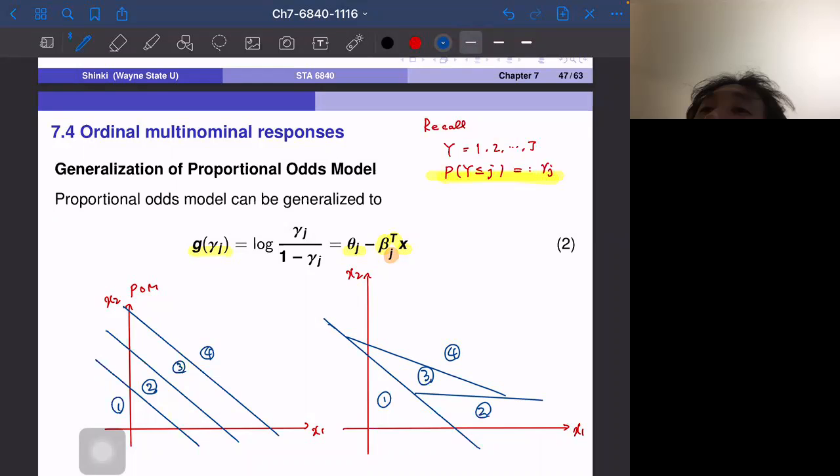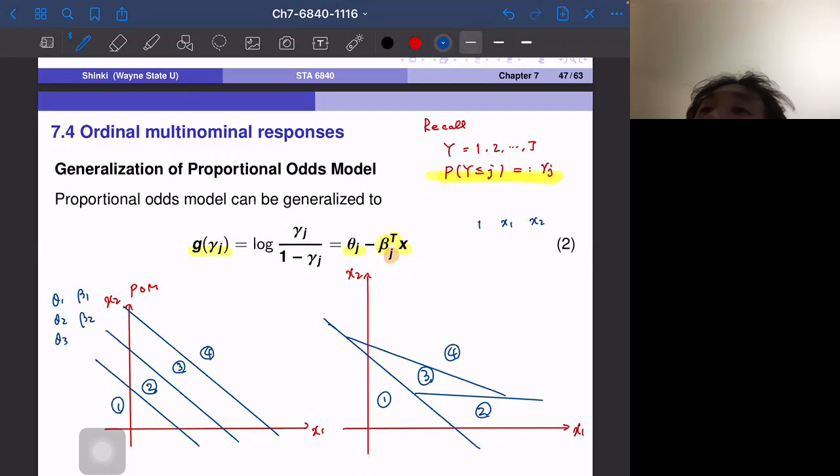If we have, for example, two predictors, x1 and x2, and an intercept, for the proportional odds model we only have a few parameters. If we have 4 categories, we have theta 1, theta 2, theta 3, so 3 thresholds, and the coefficient for x1, beta 1, and the coefficient for x2, beta 2. We only have these.